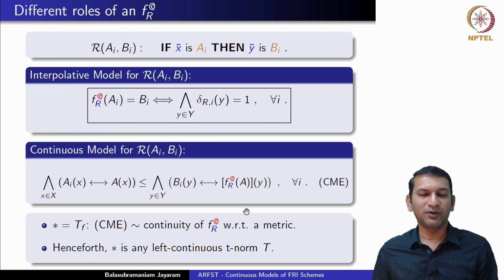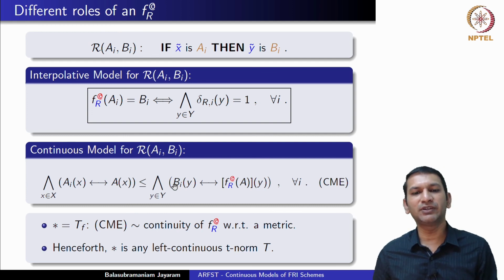Henceforth, star will be any left continuous T-norm. We will not fix it as the generated T-norm, so we are generalizing it. Henceforth, the residuated lattice that we consider will be general in the sense that we could consider any left continuous T-norm.